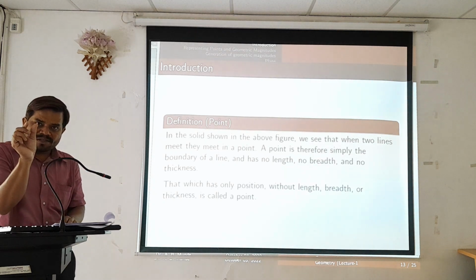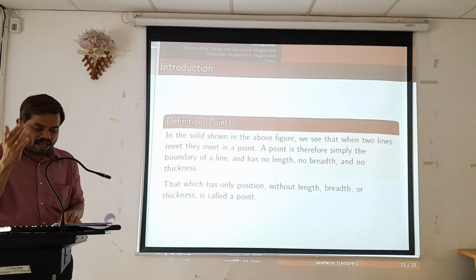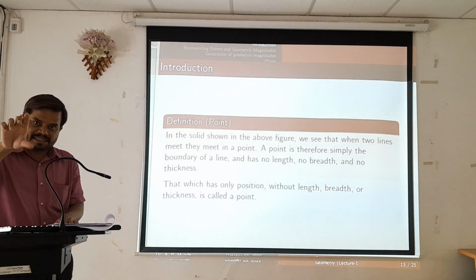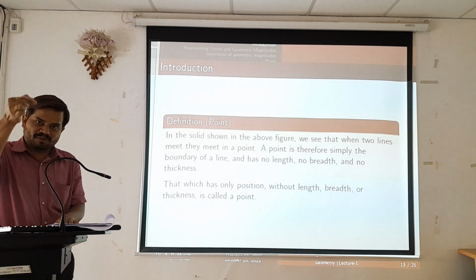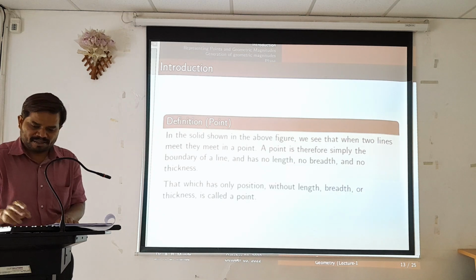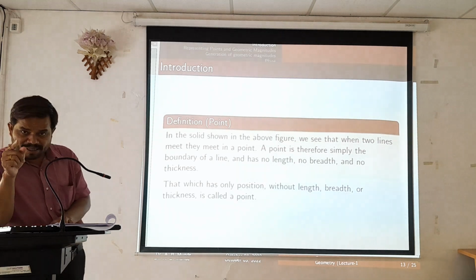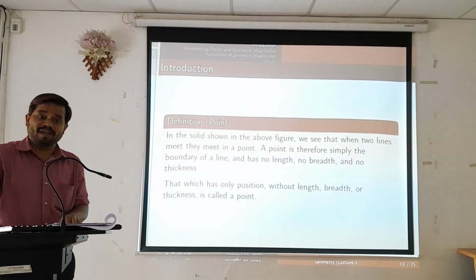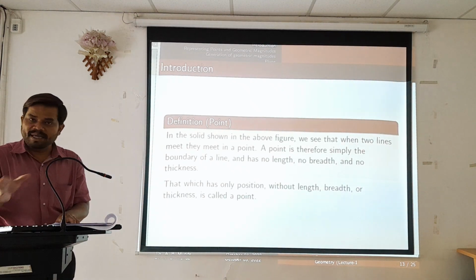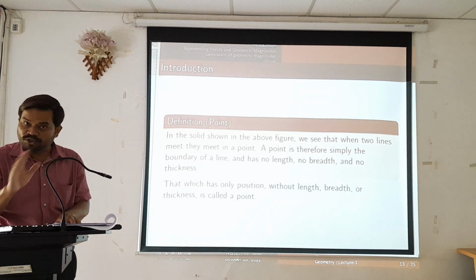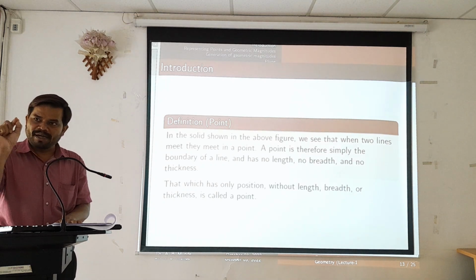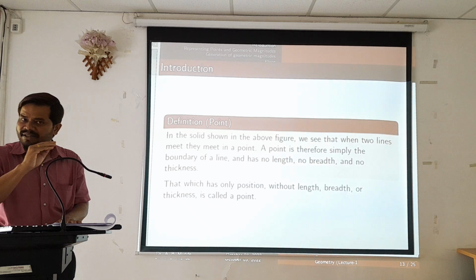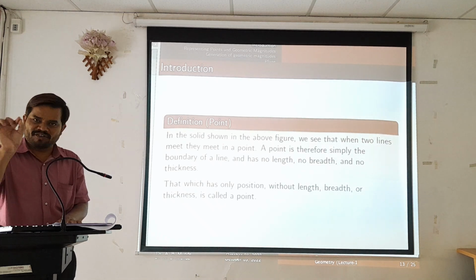So point means the two lines coincide and the end point of that line is a point. Do you understand? A point is simply the boundary of a line and has no length, no breadth and no thickness. कळतोय? पॉइंटला लेंथ नसते, ब्रेड नाही आणि थिकनेस पण नाही. That is called a point.